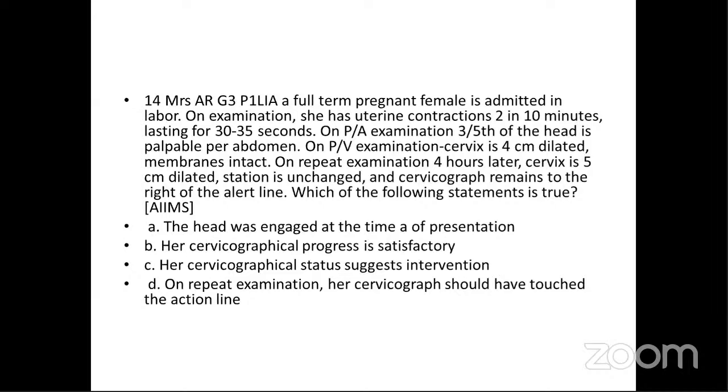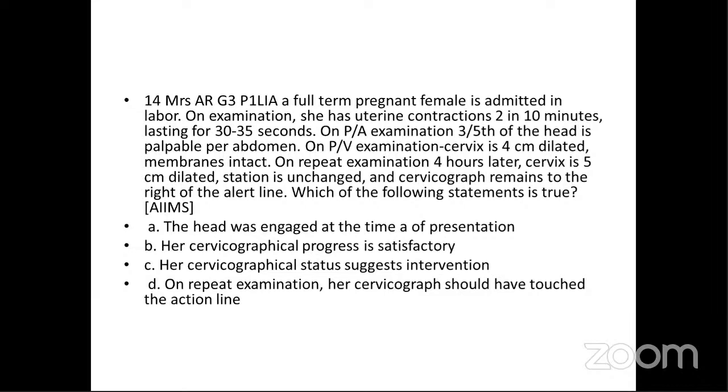They can be minor or even conservative interventions like augmenting with oxytocin, or if the patient is dehydrated or having exhaustion, then you treat the patient, and that will again help in progress of the labor.